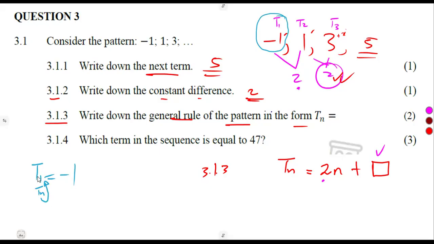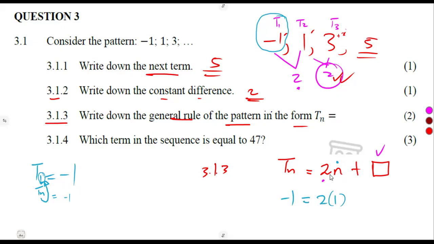Where we see n, we put a 1. But that Tn is -1. So in place of Tn, you're going to have -1 is equal to, where you see n, T1, the first term, n is 1. So where we see the n, we are going to put a 1 there.